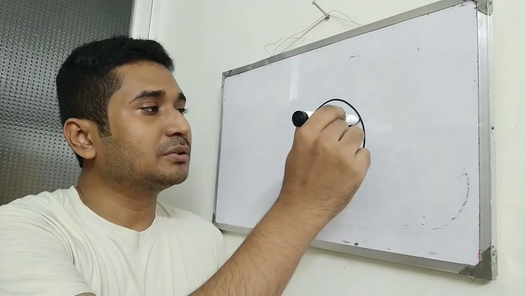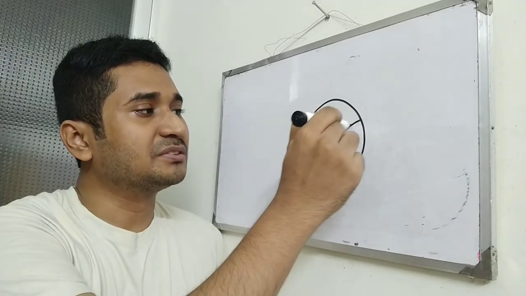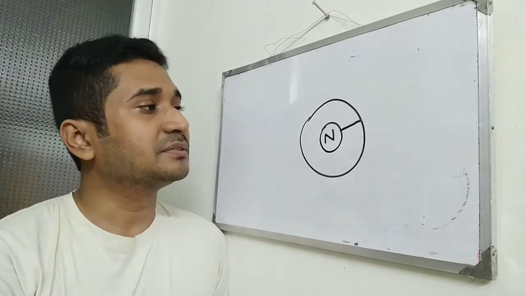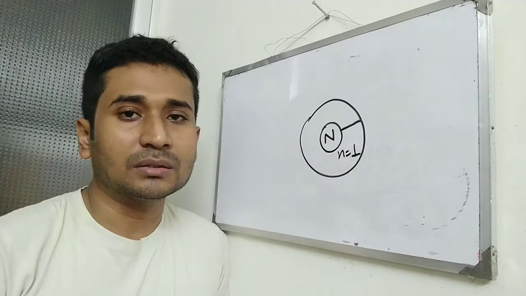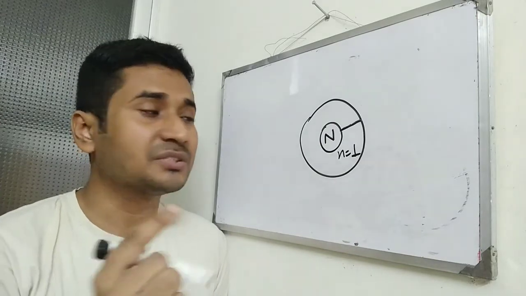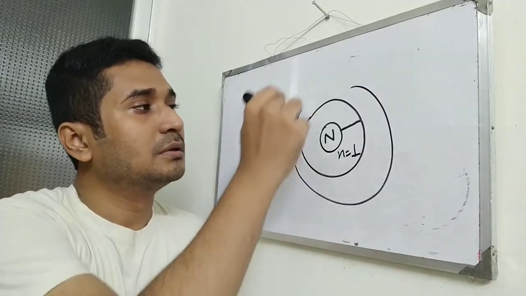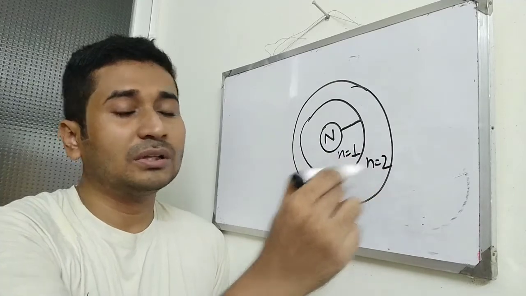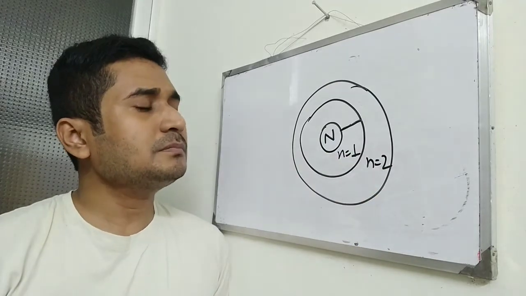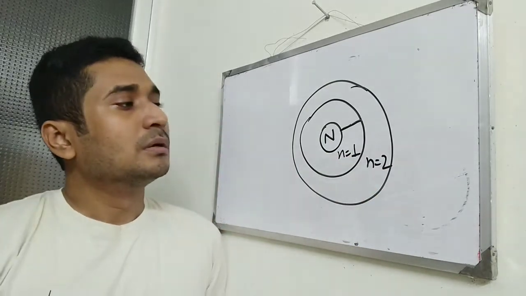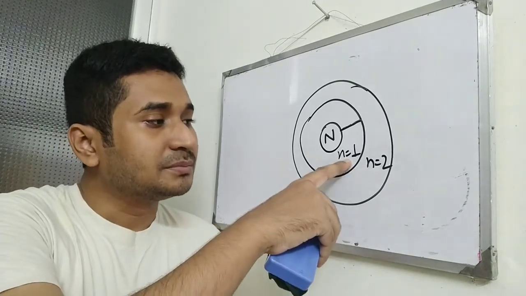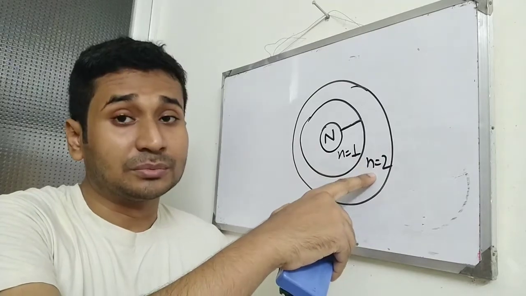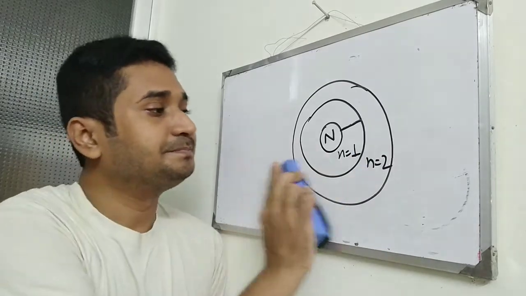From the center, the first orbit is called n equal to 1, and n equal to 2 is called the second orbit. So we can determine the radius of the first orbit, second orbit, third orbit, etc.